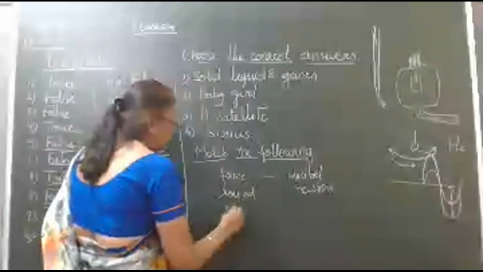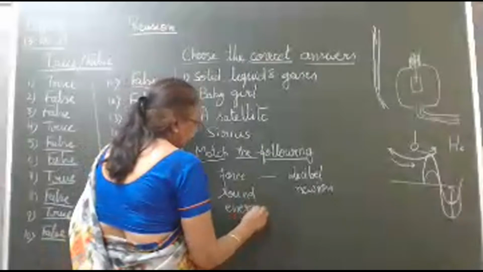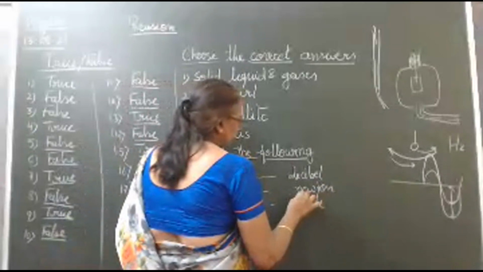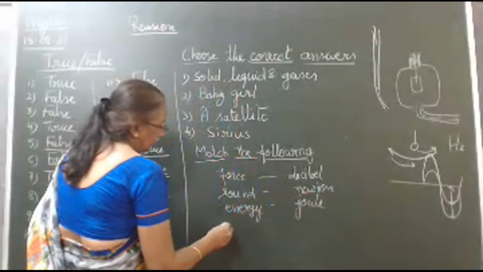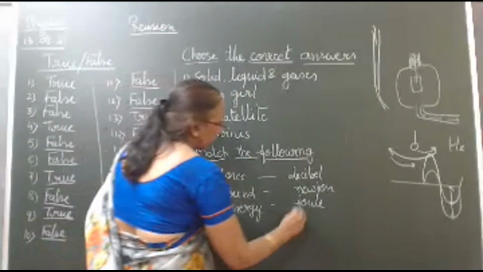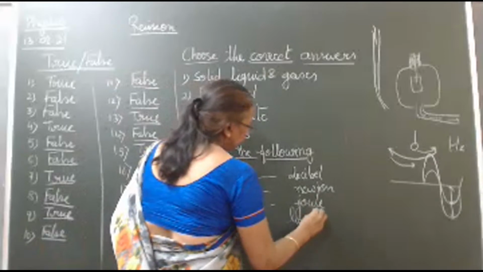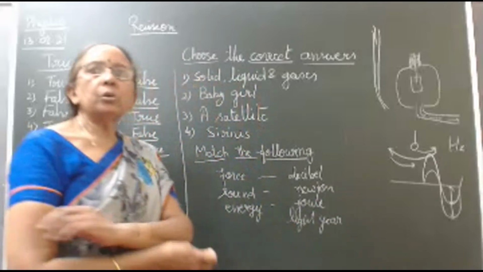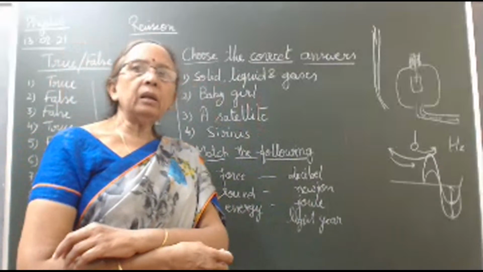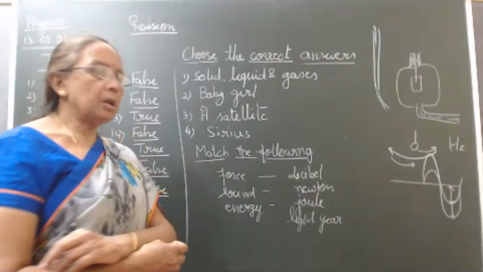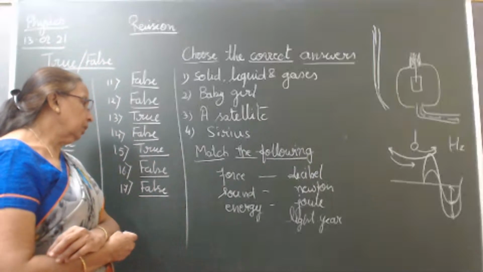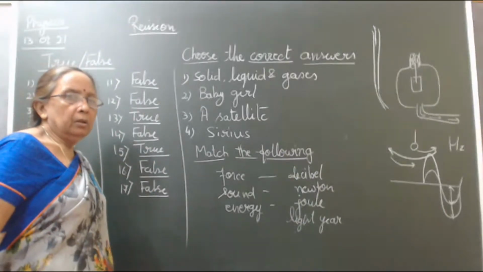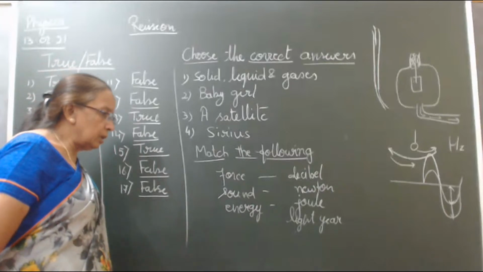Energy, joule. Then light year. One more maybe the extra, so don't get confused. Other things are pressure, distance, kilometer, meter. So these are the common things.